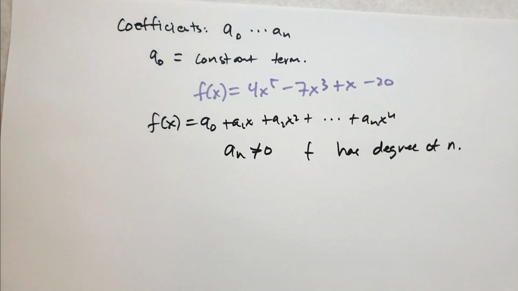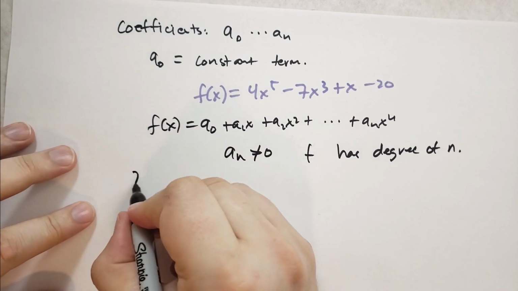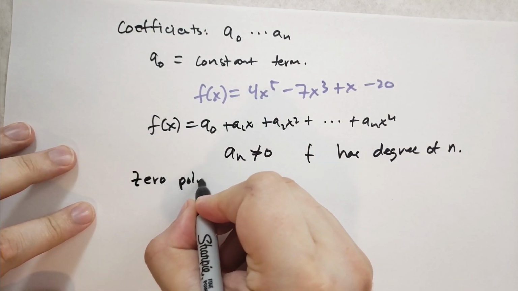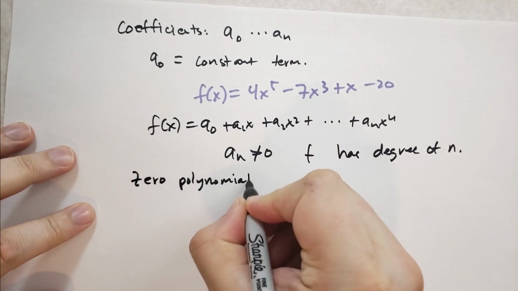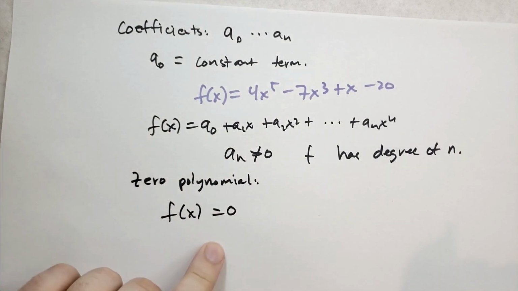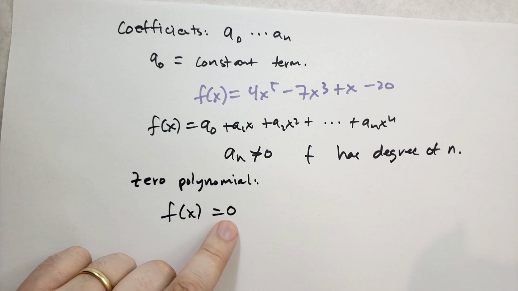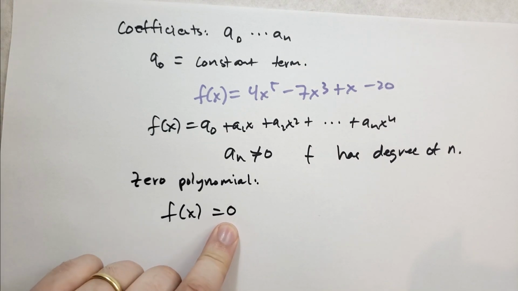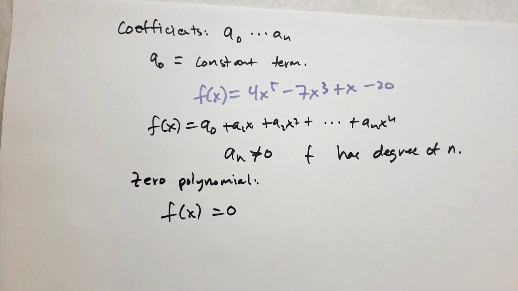That's the degree of the polynomial, okay? There is the 0 polynomial, which has degree 0. This is defined to be 0 for all values. So the 0th term in the 0 polynomial is in fact 0, and so it has degree 0. That is the 0 polynomial, okay?